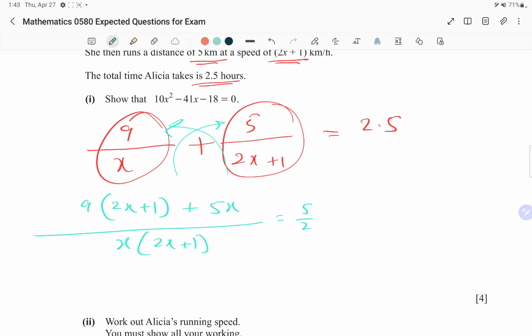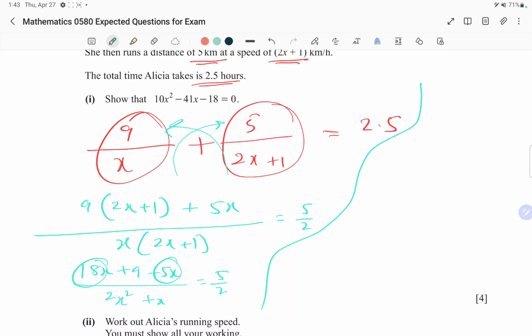Now here we get 9 times 2, that's 18x, plus 9 plus 5x, over 2x squared plus x, equals 5 over 2. Now 18x plus 5x is 23x plus 9 over 2x squared plus x equals 5 over 2.